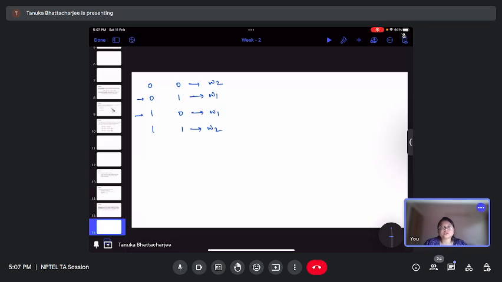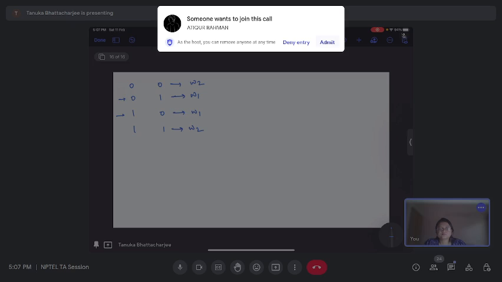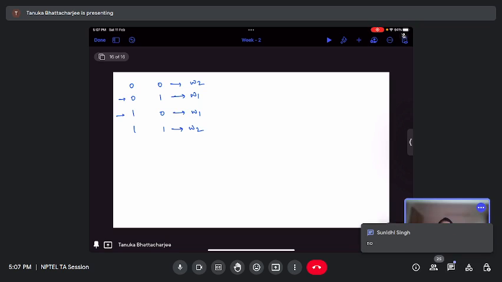So, what do you think? Is the perceptron criteria suitable for this? Sunidhi and Arun, you are saying no. Yes, you are absolutely correct.